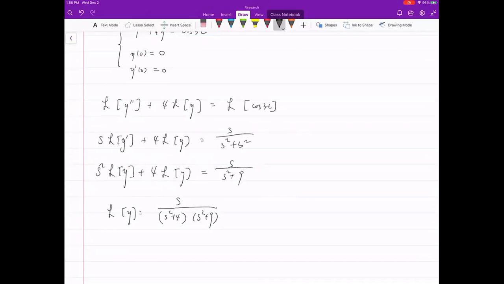Let me double check if I have the right thing, because the next thing is going to be long. And I don't feel like I have the right thing.